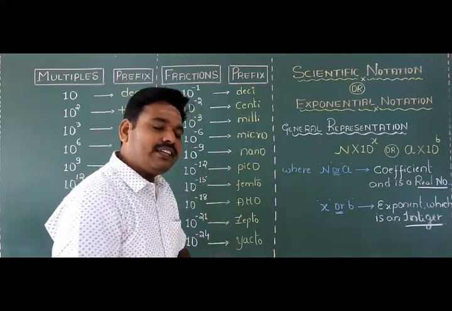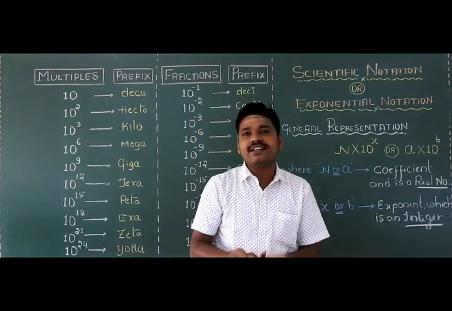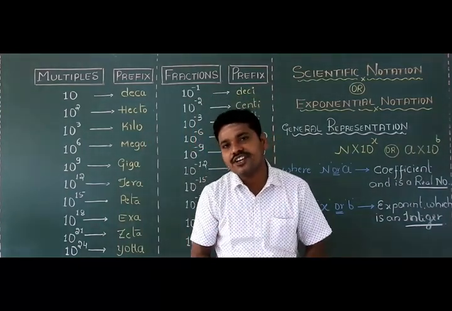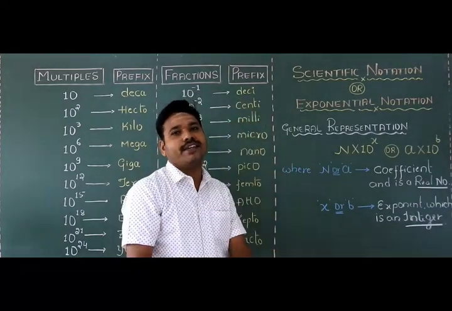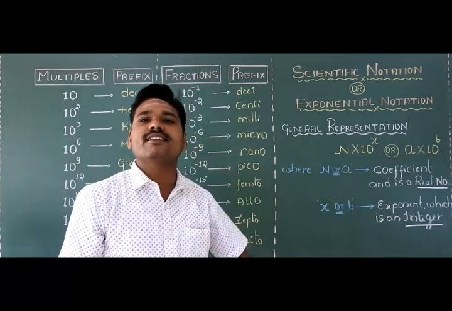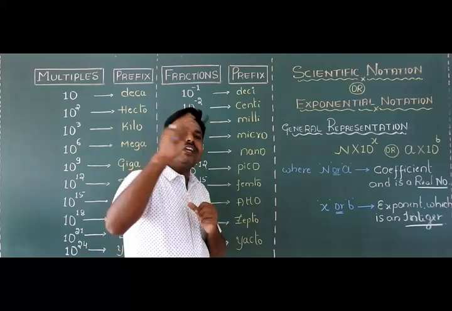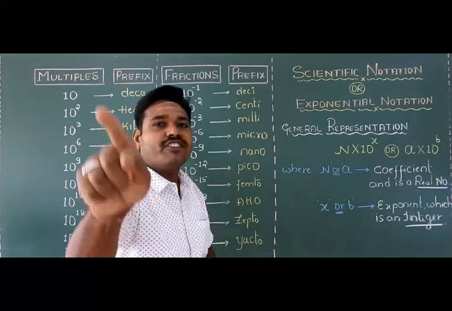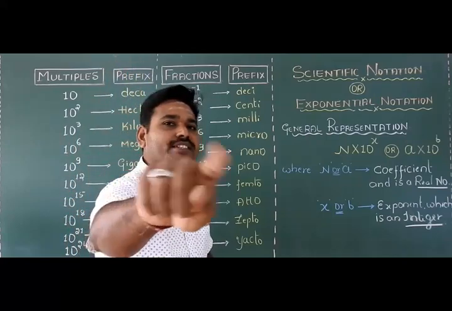Now the third quantity is temperature. We all know that temperature is defined as the measure of the degree of hotness or coldness of a body. That is nothing but the temperature factor. And to measure the temperature, one of the important apparatus used is the thermometer.